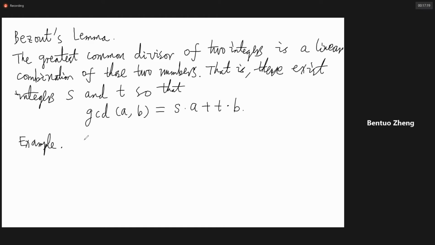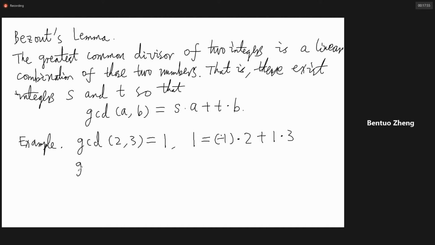So for example, the greatest common divisor of 2 and 3. 2 and 3 are coprime, so this is equal to 1. And it's easy to see that this greatest common divisor 1 is equal to -1 times 2 plus 1 times 3. Okay, so 1 is a linear combination of 2 and 3.